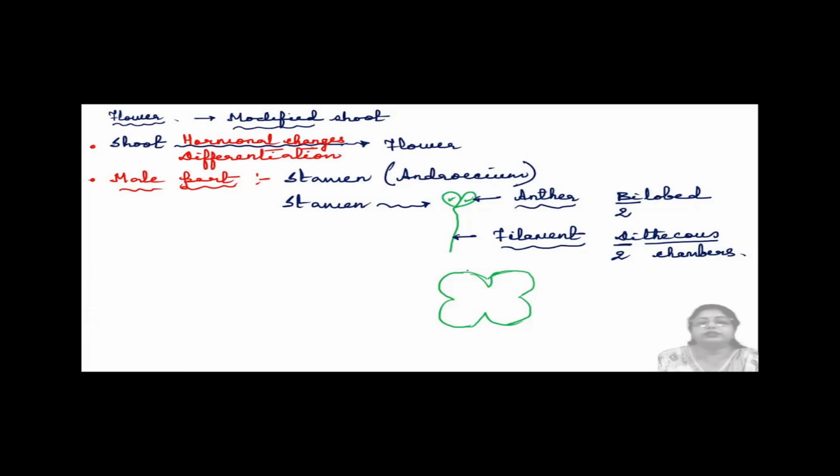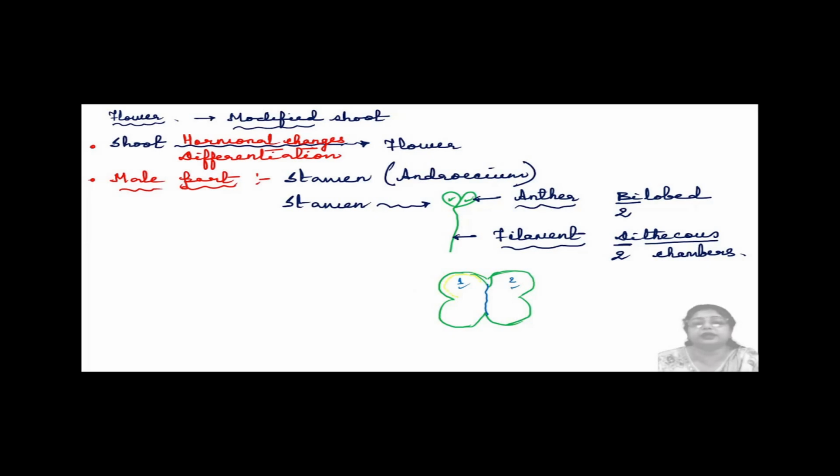I shall draw a line like this. What I meant to say here is that this is one lobe and this is another lobe. Now, in each lobe there are thecae; each lobe is dithecous. How will I show it? I will show it like this.